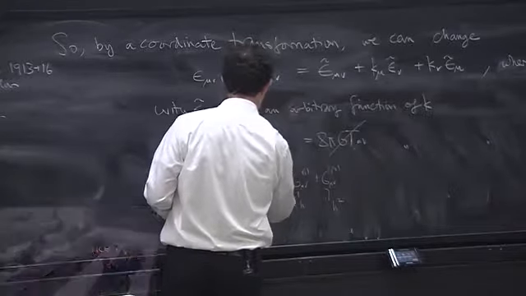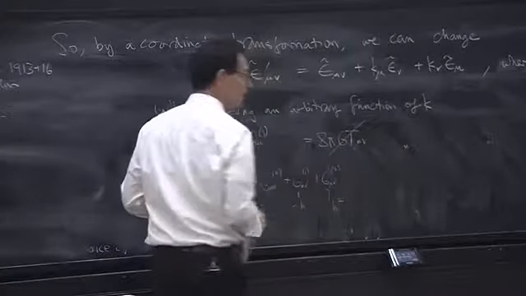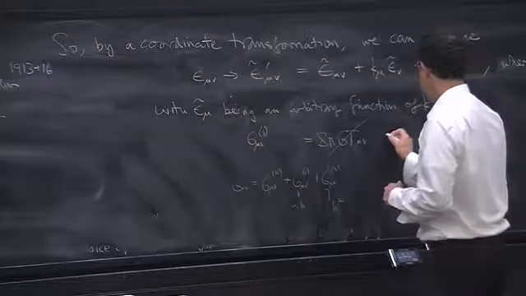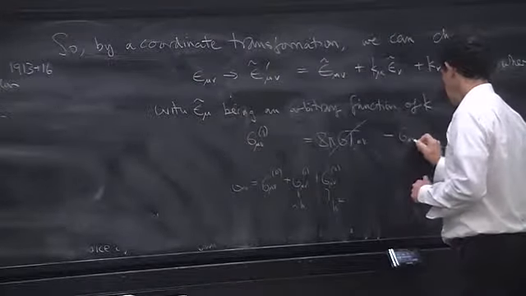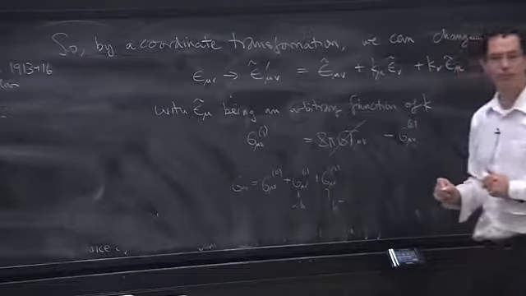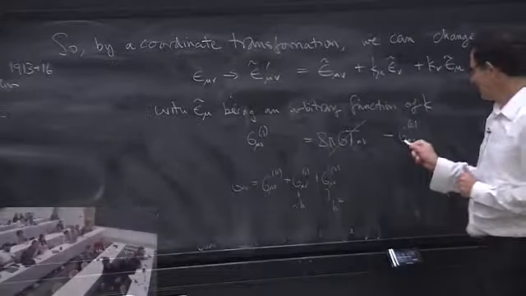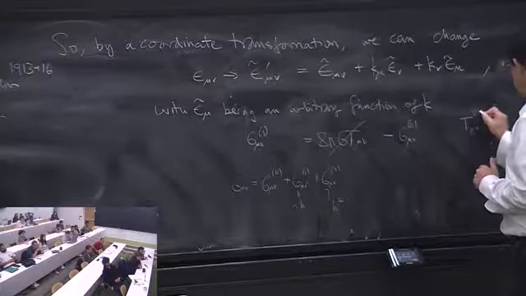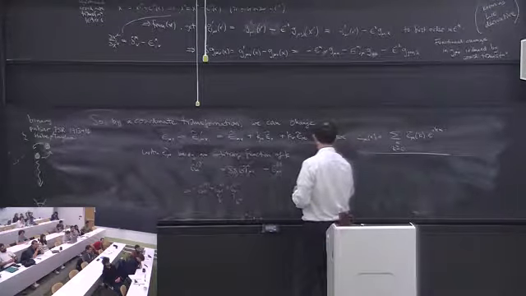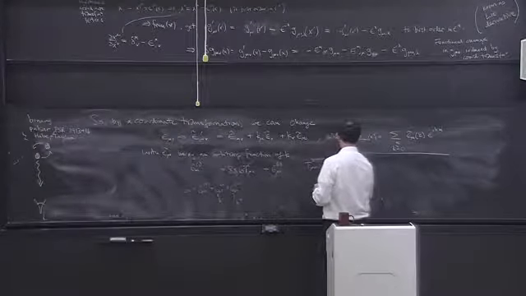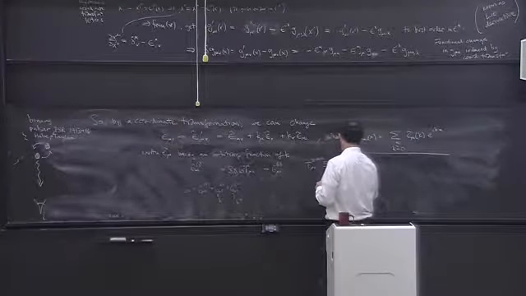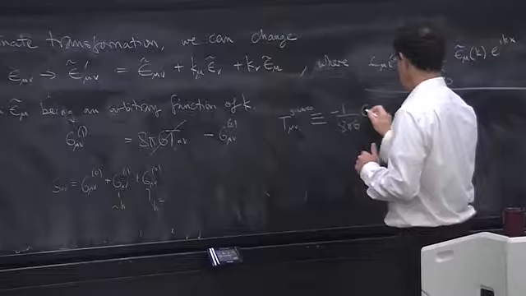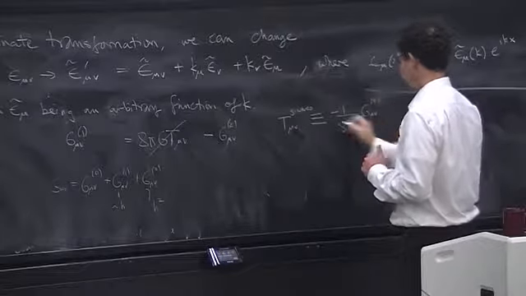So what I get is G mu nu at first order is equal to this minus G mu nu at second order. And this I call the energy in gravitational waves. By definition, it is 1 over 8 pi G times minus G mu nu at second order.